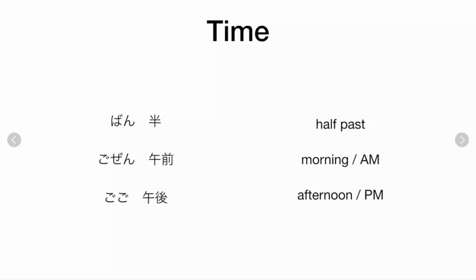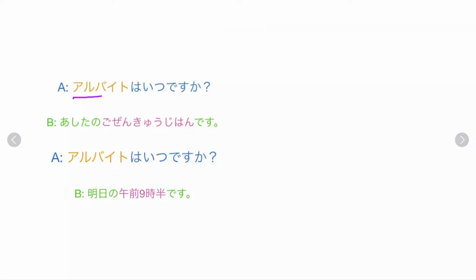Relative times within the day, you have han, gozen, and gogo. So han, this is like half, right? And this is half past. So if you wanted to say like 8:30, you could say it with han. If you want to say AM, gozen, and if you wanted to say PM, gogo. So, arubaito wa itsu desu ka? When is your part-time job, right? Itsu was when.